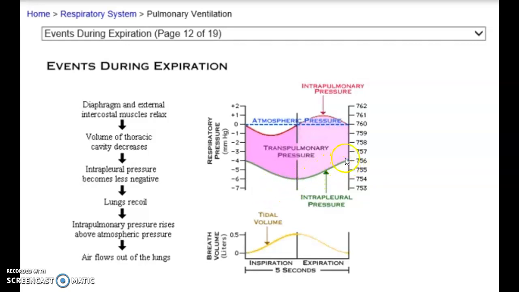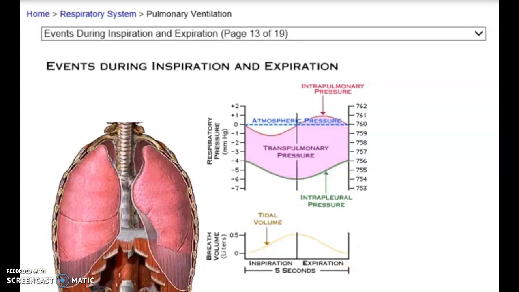And of course, if that becomes less negative, then the lungs themselves recoil and get smaller. And if the lungs get smaller, that increases the pressure inside of them. Notice that's increasing the pressure inside of them. And of course, what that's going to create is this expiration tidal volume, where air then is going to flow out because everything's smaller and we've increased that pressure, so it pushes this out.